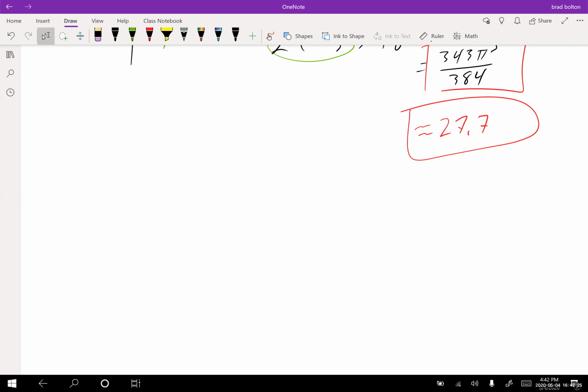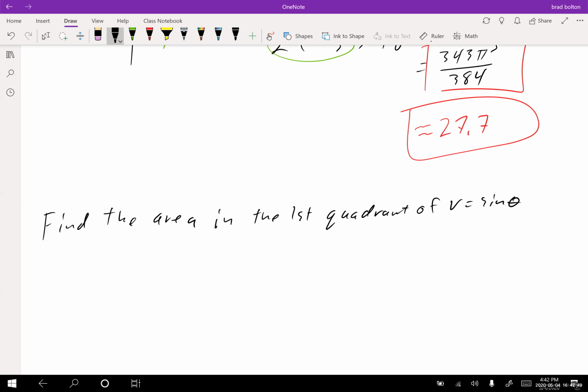Let's take a circle. So let's suppose we want to find the area in the first quadrant of r equals sine theta using polar integration.